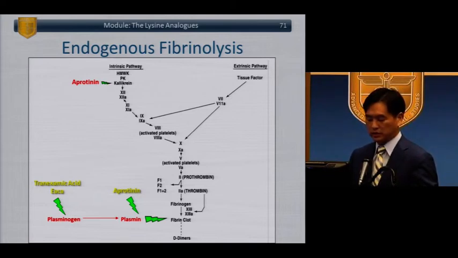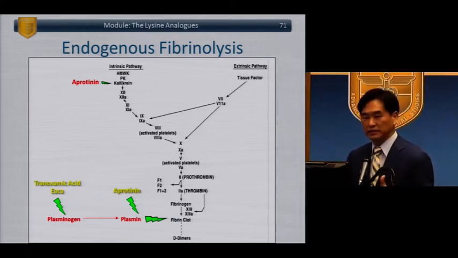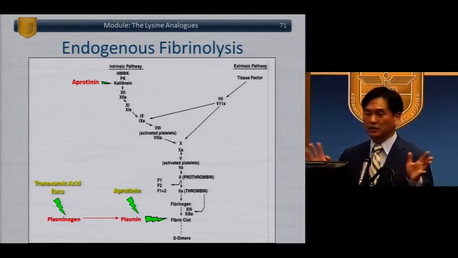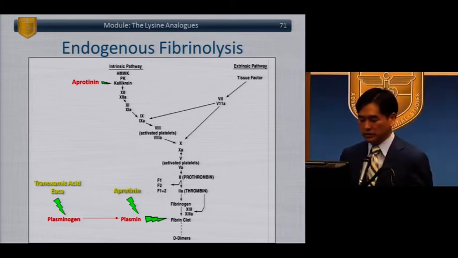These two work here. This one works here. It inhibits these, and so they don't really make you clot as much as they make you bleed less. Which is why these should be yellow. Aprotinin also has some work at the kallikrein system, so it works here too. Oh, I'm sorry, that should be green.